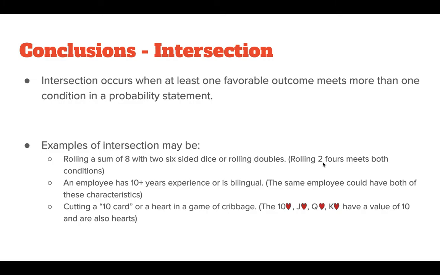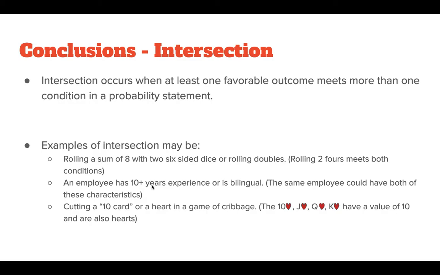Because if you rolled a pair of 4s, you'd be meeting both conditions with the same roll. 4 plus 4 is 8, so it gets counted when you're doing the sum of 8. But 4 and 4 is also a double, so it would get counted when you did the probability of rolling a double. So it met both conditions that you were checking for. That makes it an intersection.